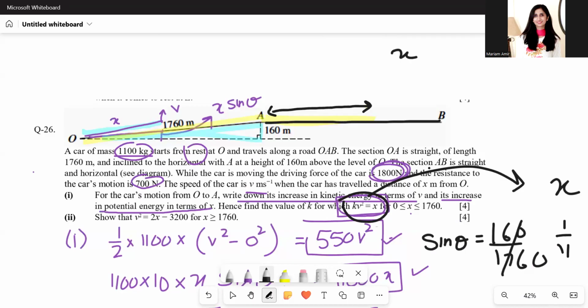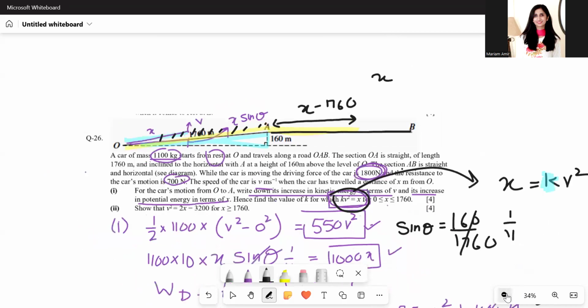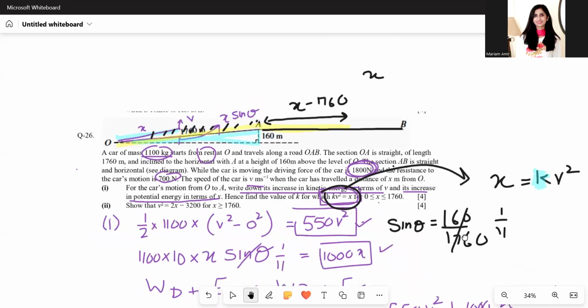It'll be represented by x minus 1760. You will subtract this from x. So instead of x, you're going to use x minus 1760 for this part.